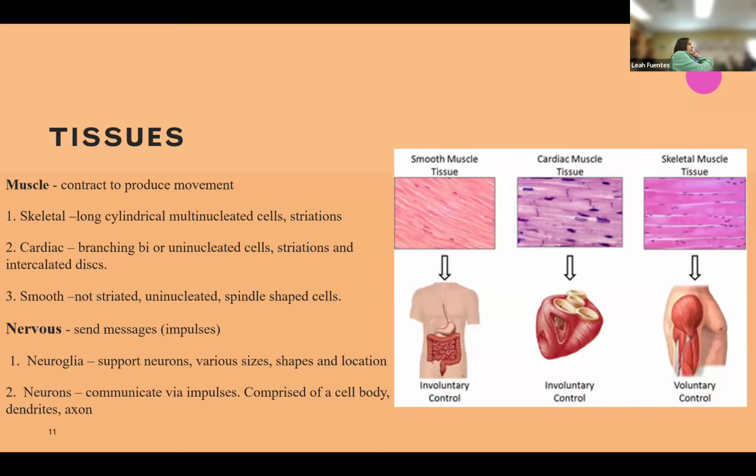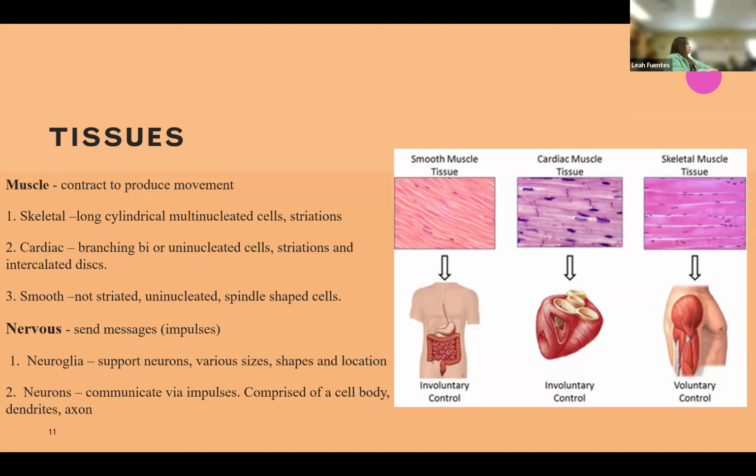You don't need to worry about these controls just yet, but they are there. And then it's showing you where it's found: around your bones and within your muscles. So skeletal muscle tissue, where can it be found? Around your bones. I think that's all you need to know from that.